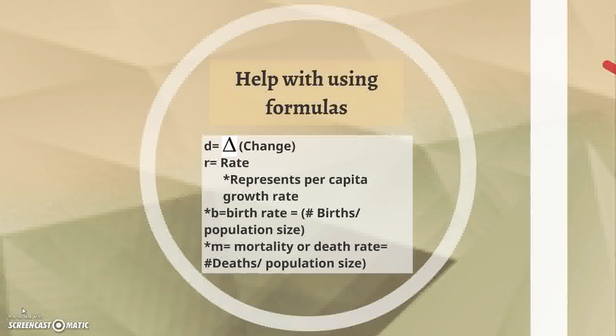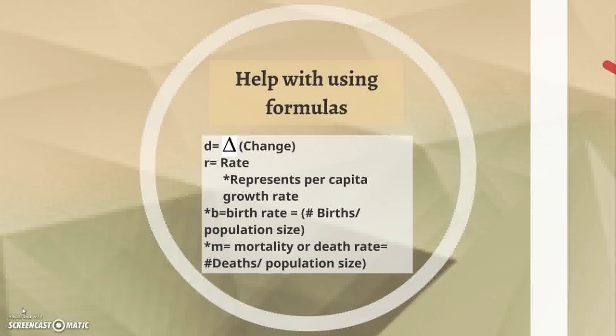Okay, so a little bit more about those formulas. One of the things that we see here is this D. This D is going to represent delta, which you know from your Gibbs free energy equations means change. So it's like we're looking at the change in the population over a certain amount of time. R is going to represent the rate.